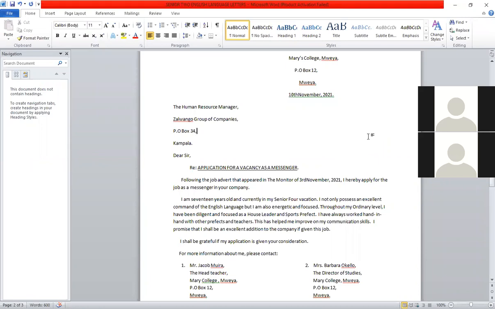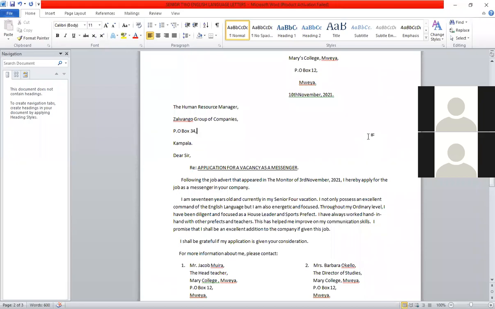What if you're a prefect, like the head prefect? Can you say the head prefect and then you write your name and your class? For signing off? No, for the address.